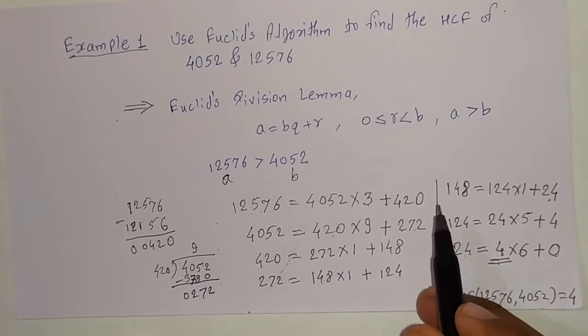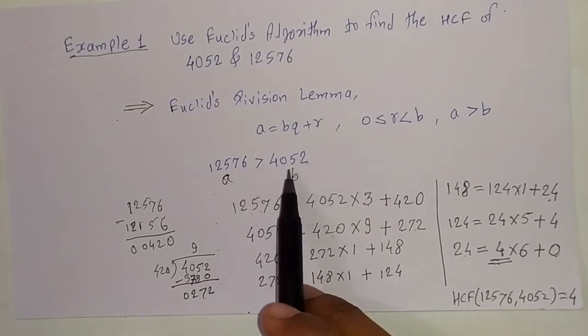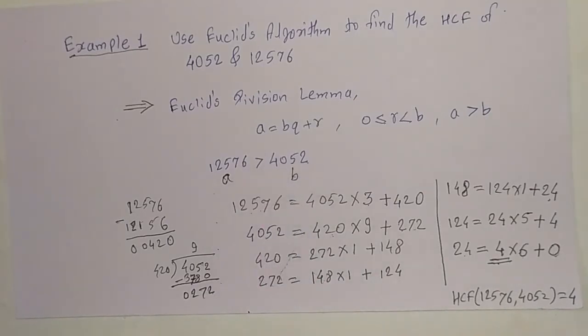You can cross check this answer by prime factorization method. You can factorize these two numbers and take the least power of common prime factors from those prime factorizations, and you can find the HCF by prime factorization also, but that will be a lengthy process. This is the short process. Only thing is you have to understand it clearly.